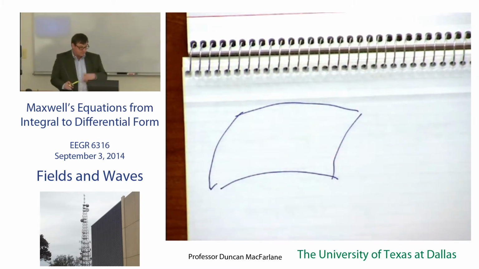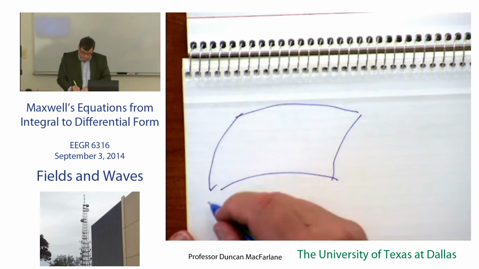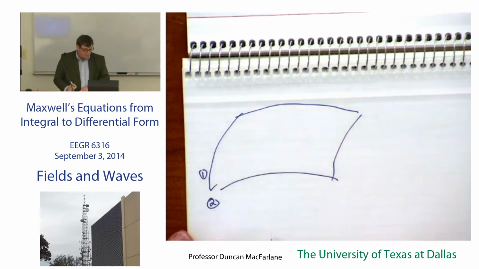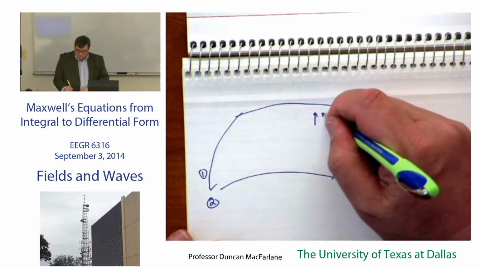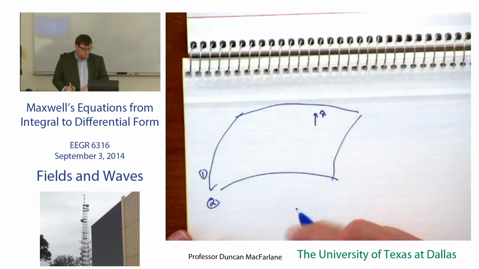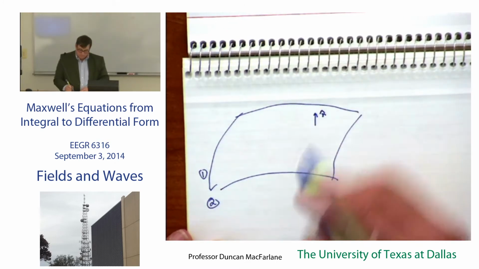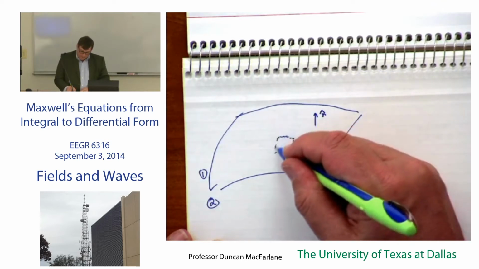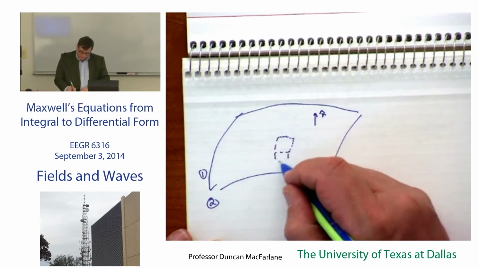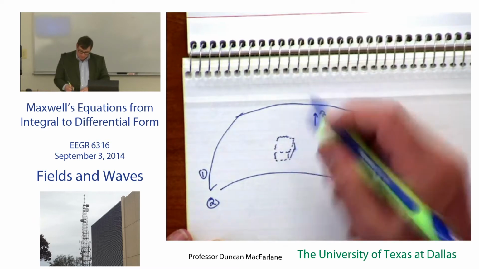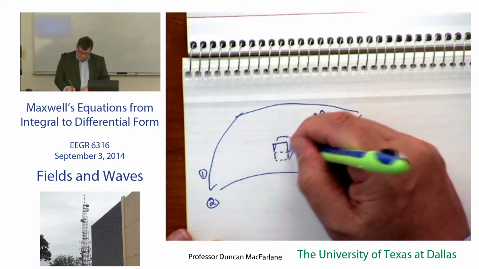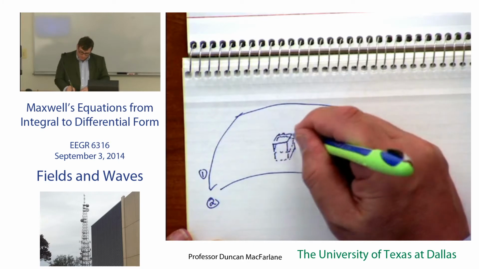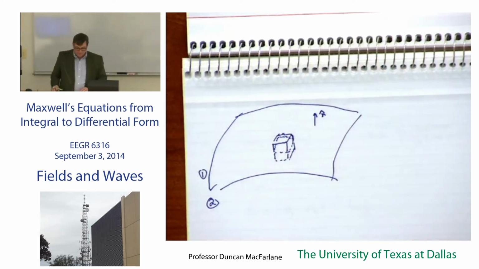There's my surface. Material 2 down here, material 1 up here. I have the normal component as I had before. And now what I want to do is draw my Coke can below the axis and above the axis.